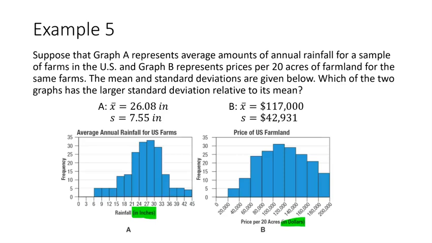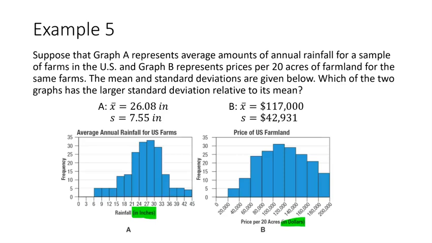The problem is, well, maybe looking at the graphs we can, but numerically, it's difficult to look and go, oh, I've got more variation here. I've got less variation here. So instead, we need to look at the coefficient of variation.